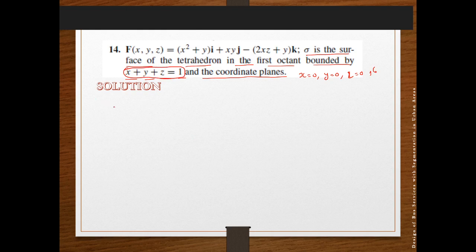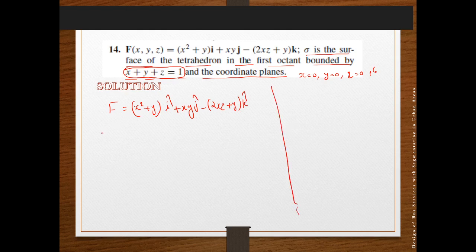So first, I will write what F is. F is (x square plus y) i plus xy j plus (minus 2xz plus y) k.